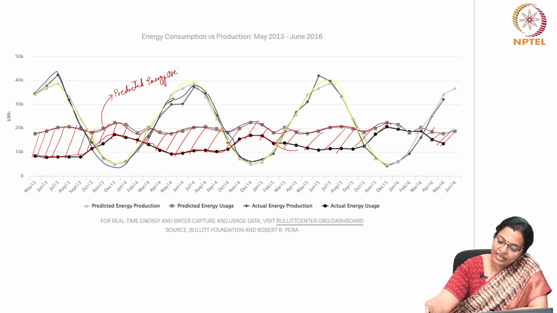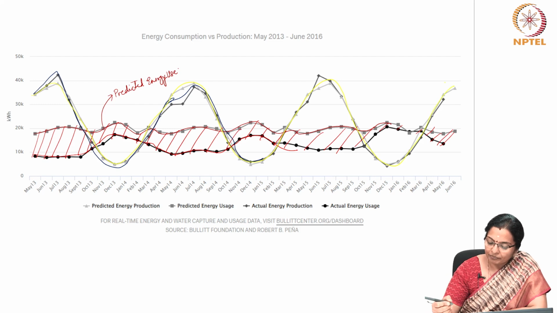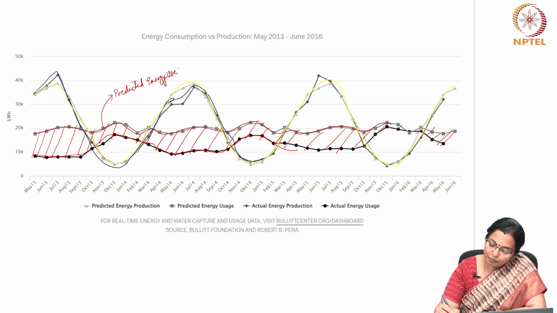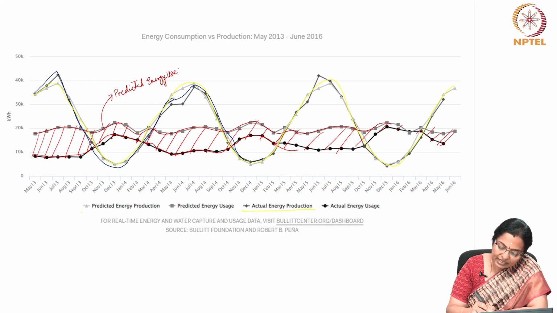There is hardly any difference between the actual energy production and the predicted energy production.